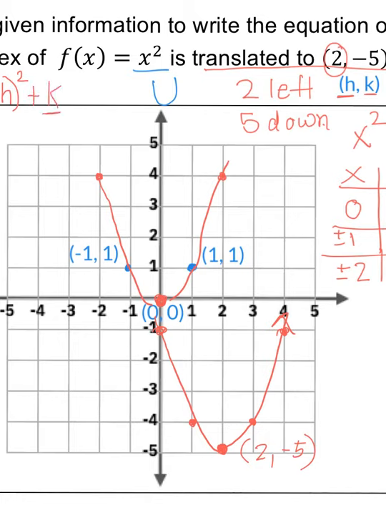This is the shift up, and this is the shift right or left. So we know what those values are, and we could simply stick them in. We'd get x minus 2 squared minus 5. And so the function f of x with that translation would look like that.